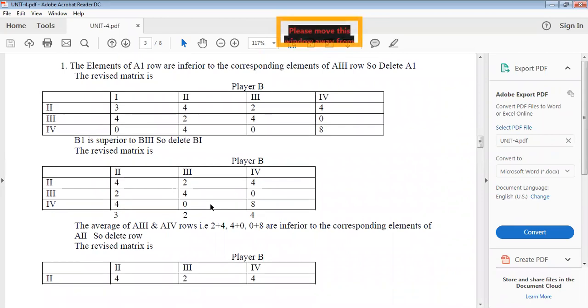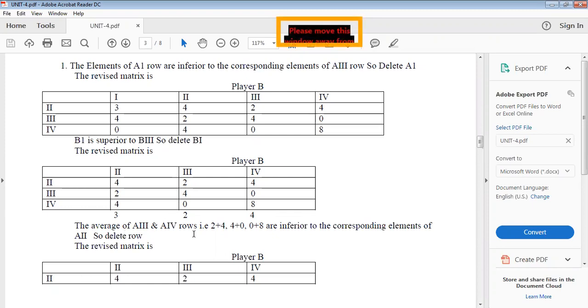Now you take up the rows. 424, you take up 424 and 240. 4 is dominating 2, 2 is not dominating 4. So like that, again 4 and 4, 2 and 0, 4 and 8, and these are also not matching.